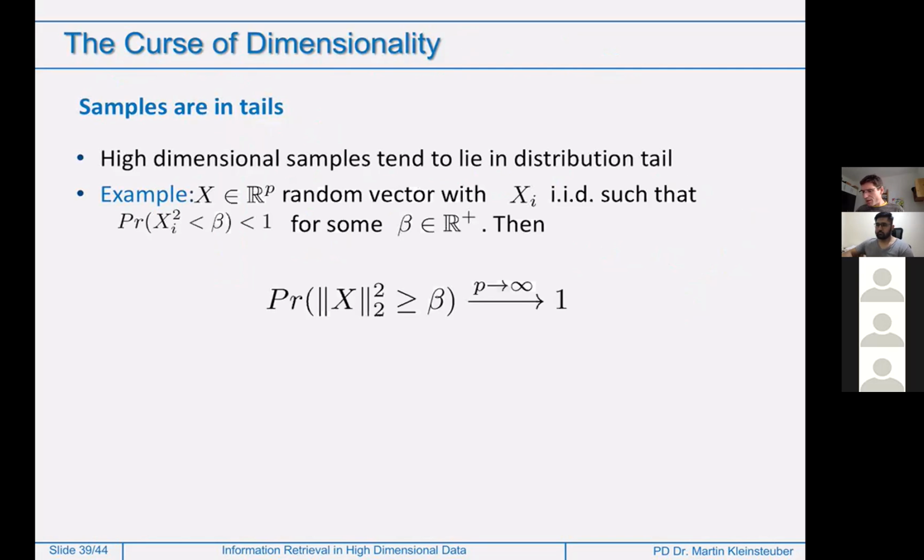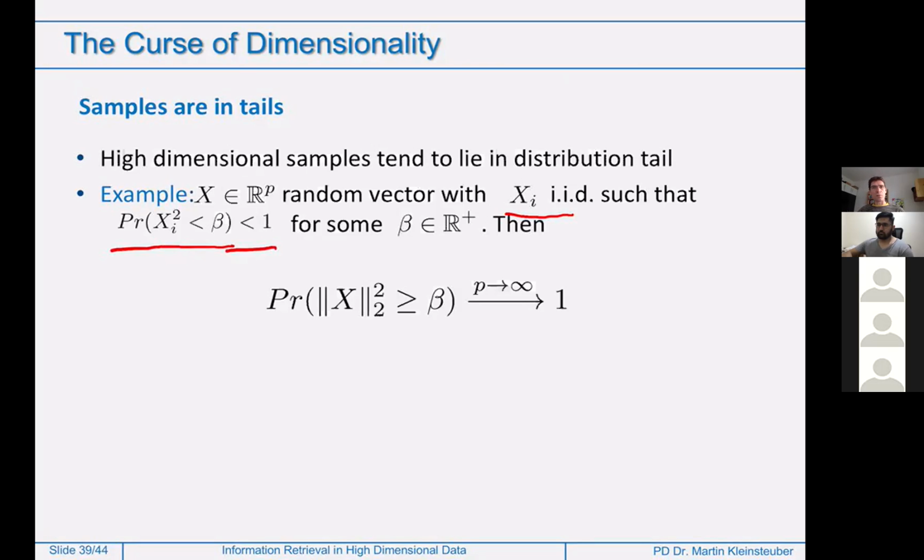And as an example, what I've written here is somehow a formalization of what I've just drawn. We have this x in R^p, a random vector. All components of x here are independently identically distributed, and they should be distributed such that the probability that the square of this xi is smaller than beta is not 1, but is smaller than 1.